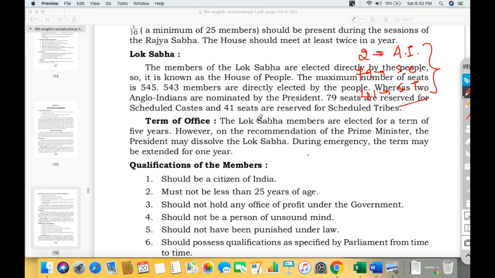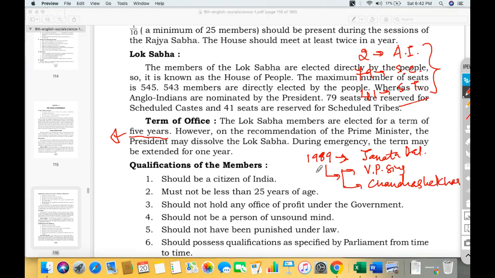Now, what is the term of Lok Sabha? Lok Sabha members are elected for a term of 5 years. Do they stay for 5 years? It depends on how stable the government is. Like, I'll give you a few elections. In 1989 elections, Janta Dal formed the government, and in between it saw two prime ministers, Mr. VP Singh, Vishwanath Pratap Singh, and then Mr. Chandrasekhar.